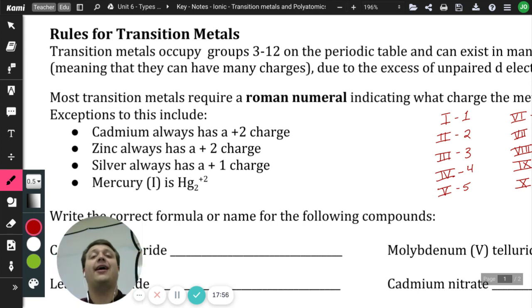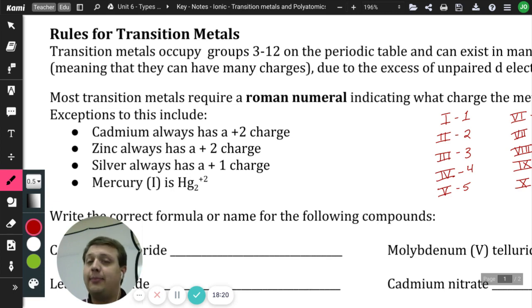Because they always have the same charge. Since they've always got the same charge, we do not use a Roman numeral because the Roman numeral is redundant. Okay? And so with all of our other transition metals, we don't know what their charge is without having that Roman numeral. But these 3, we know that they are always the same charge. So we do not use a Roman numeral for them.